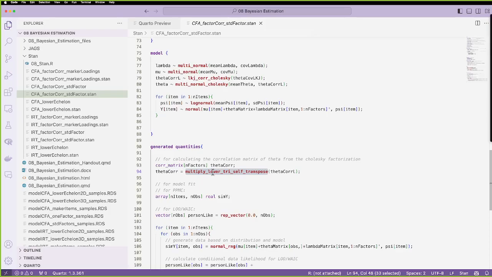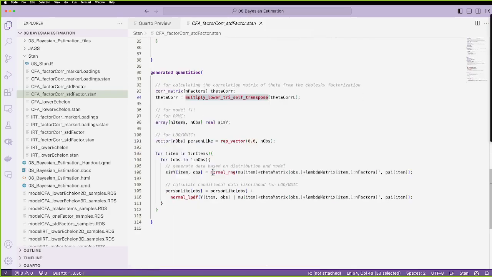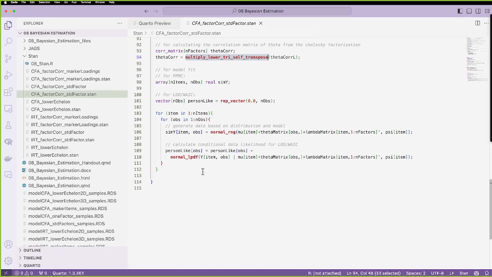All right, final part of the code. Again, I really don't have the time to go deep into this, but this last part of the Stan code is for two types of model fit. Absolute fit using posterior predictive model checks: how well does my model fit the data?